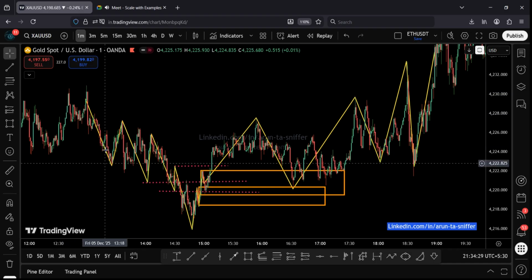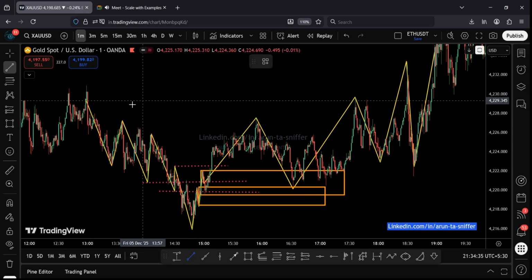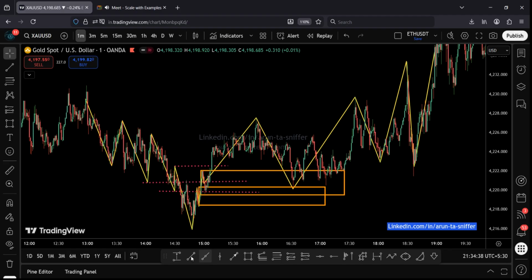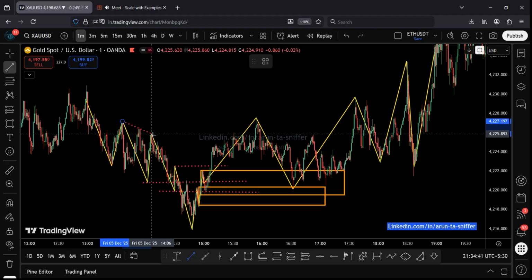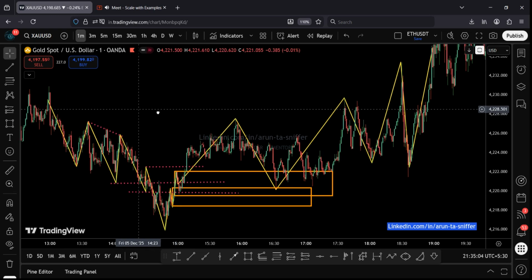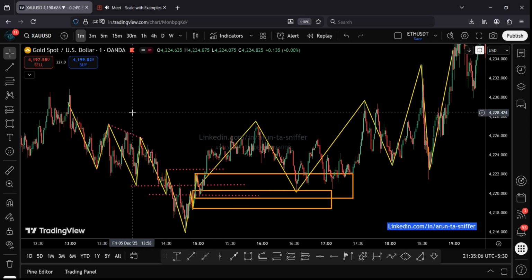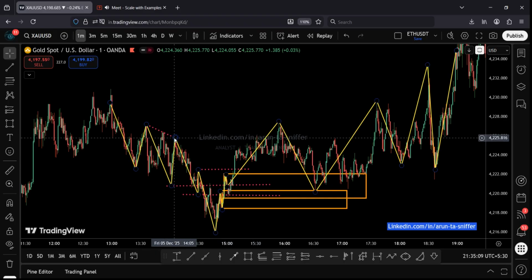But for this angle, look at this angle. This one, don't be confused. Why? Here you see the compression and transfer of orders. If you remember this, compression and transfer of orders. So what did price do?